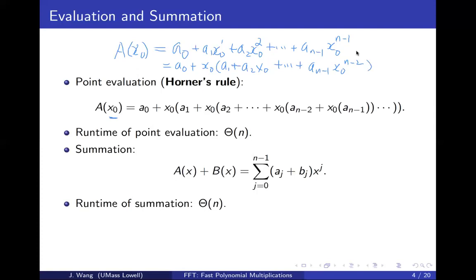So here we get x0 out, so we get a0 plus x0 times a1, then plus x0 times a2, okay, and then plus, if we put a3 here, we get a3 x0 plus a_{n-1} x0 to the n minus 3.